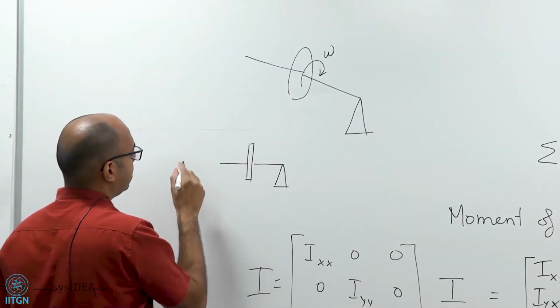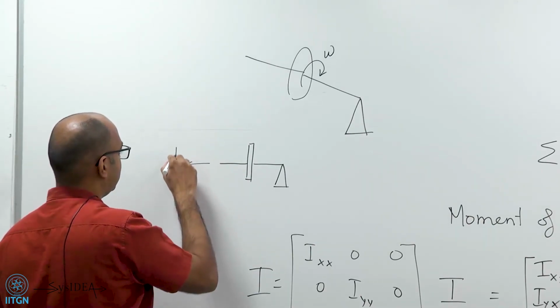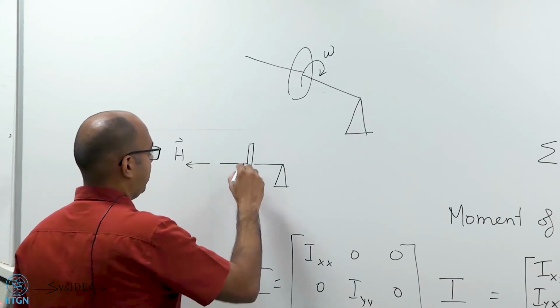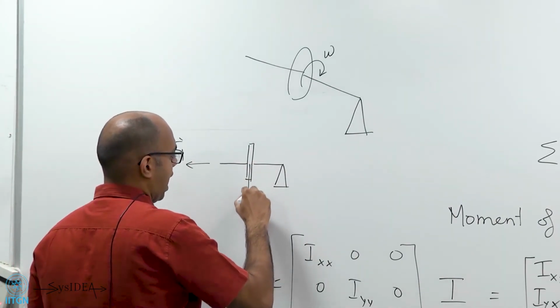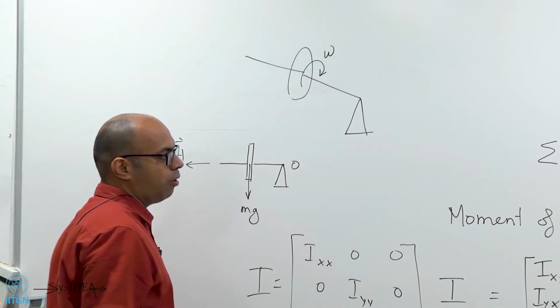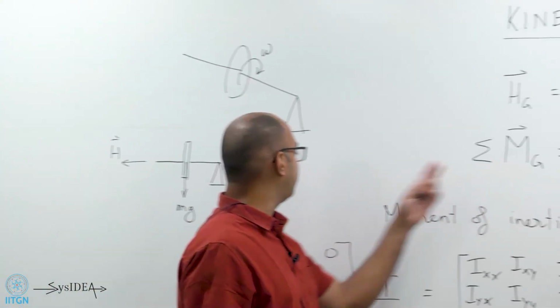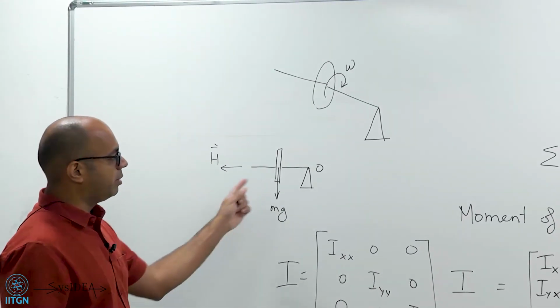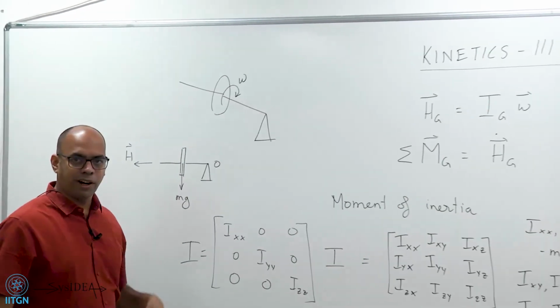the angular momentum, if omega is doing this, is really h, is really in this direction, and there is an mg acting downward. So if I take moments about O, okay, this is about g, but we can apply it about O as well. We can apply it about g, but then you will have to find the reaction force.